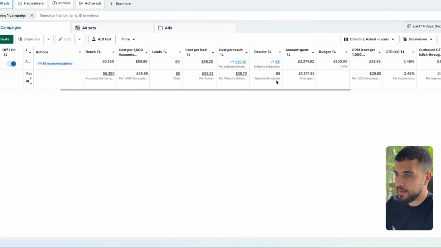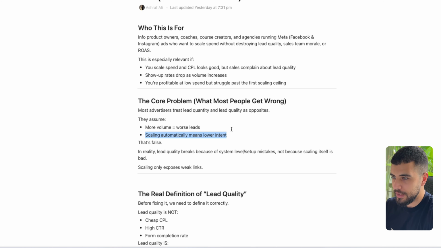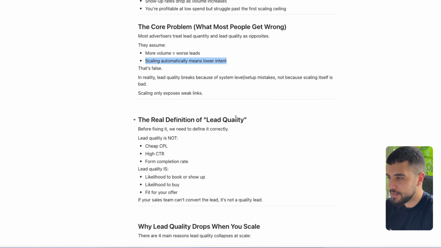So Meta will optimize based on this clean, good data, and it only sees qualified events, which means the pixel will be seasoned and fed with quality data. Therefore, it will only look for quality people because it only sees those events. This is how we're able to keep lead quality at scale and even get it better at scale, because the pixel will have more data as we scale.